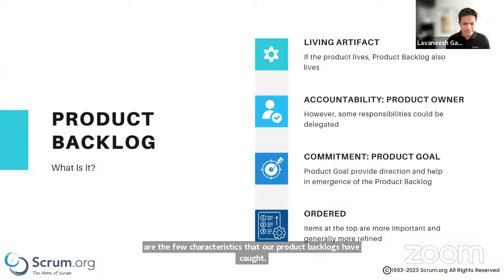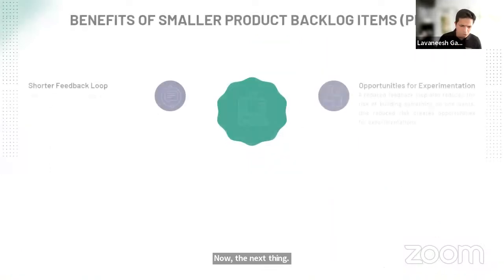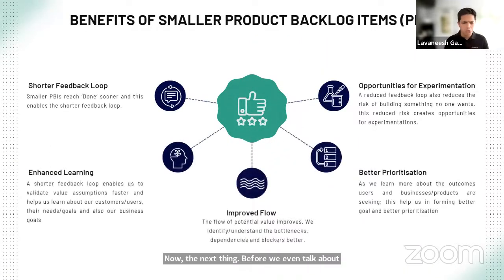Now, before we talk about how to split or slice or break the product backlog item, first learn why we actually want to break them. What is the value we get when we break those big items into smaller items? The first one is that shorter, or smaller, product backlog items enable a faster feedback loop.